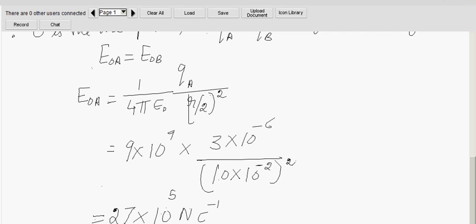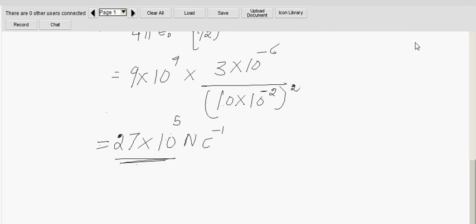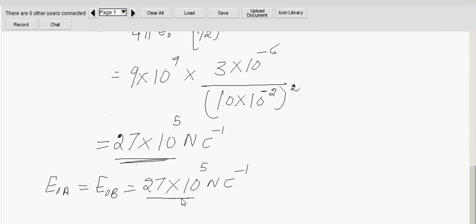EOA. Because EOA equal to EOB, net charge is EOA also equal to EOB, which is equal to 27 into 10 to the power 5 Newton per coulomb. Net field at O is equal to EOA plus EOB.